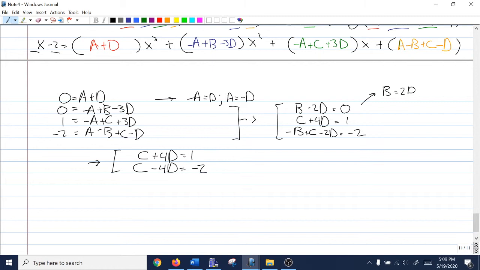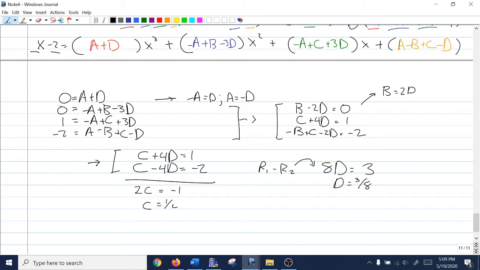This is easy to solve. If I add those two lines together right now, I get 2c equals negative 1. c is negative 1/2. If I subtract those two lines, row 1 minus row 2, I get no c's. 4d minus negative 4d is 8d, equals 1 minus negative 2 is 3, so d is 3/8.